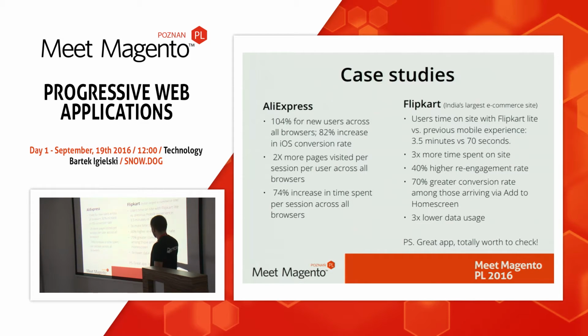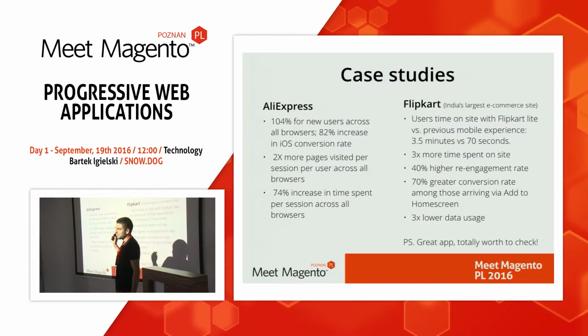They also use push notifications, so they get about 30% higher engagement rate. They also increased the conversion rate for the users that add the icon to this page on the home screen. And what is important in many countries, they decreased the data usage over 3 times.